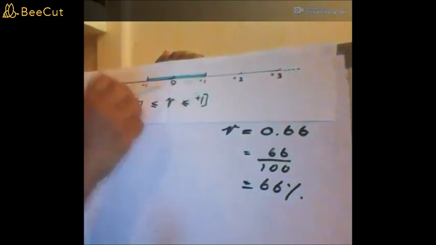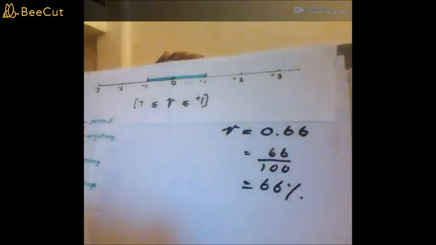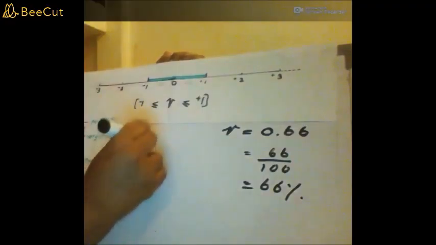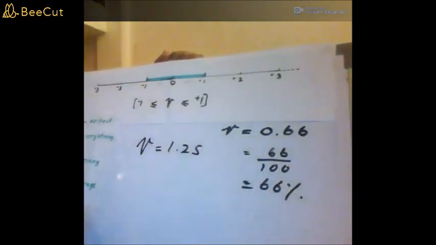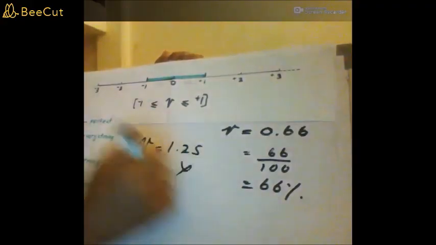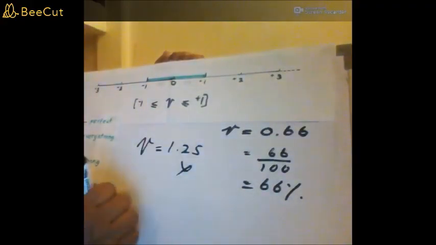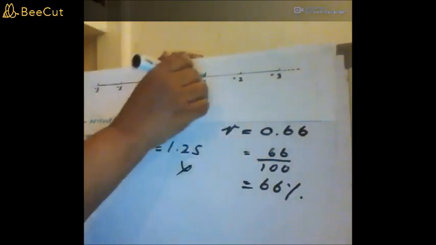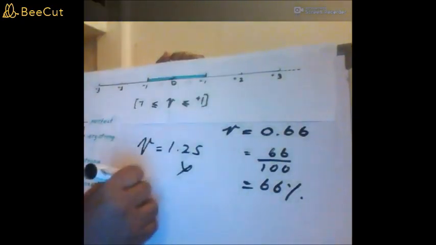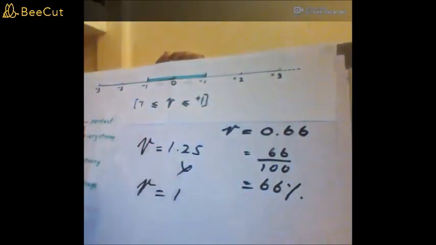So can you get your rho as rho equals 1.25? Can you get like that? No, it's wrong, right? Why? You can't exceed 1. You can have 1, right? Rho equals 1.